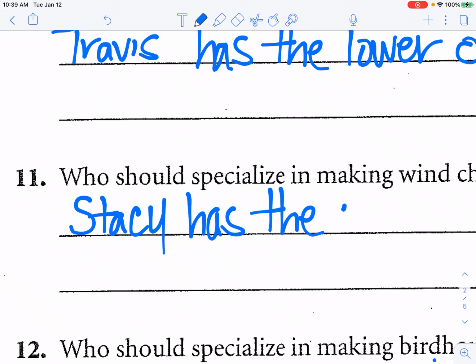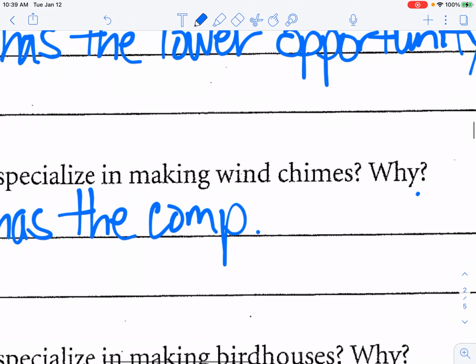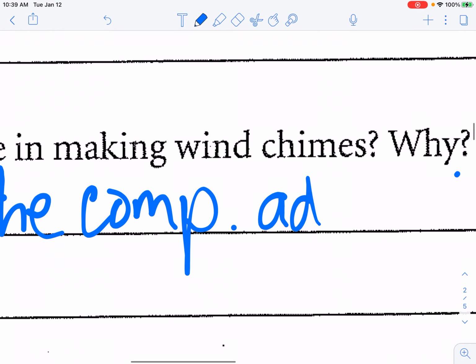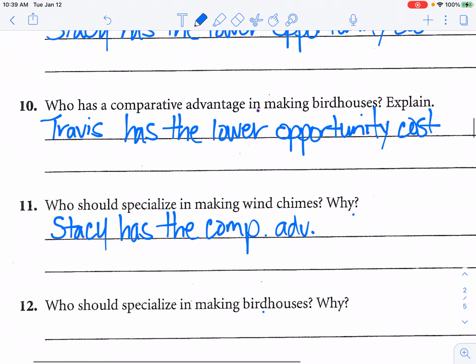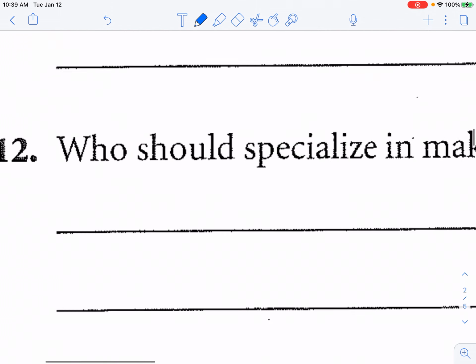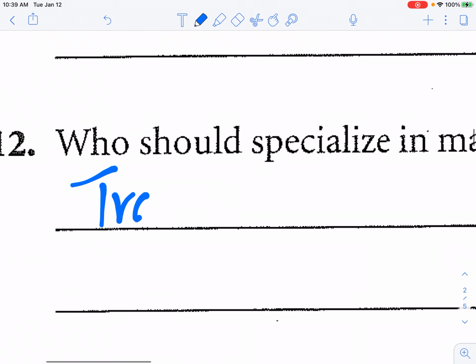And who should specialize in making birdhouses then is Travis, because he has the comparative advantage.